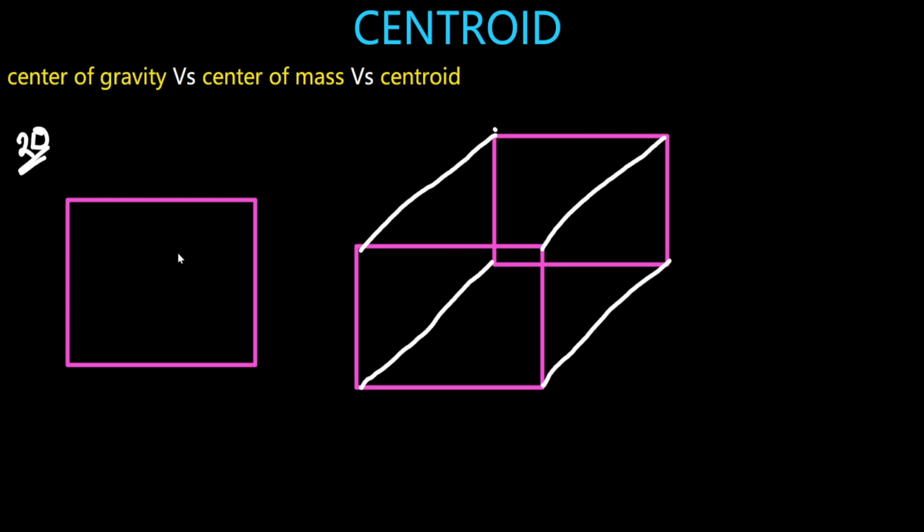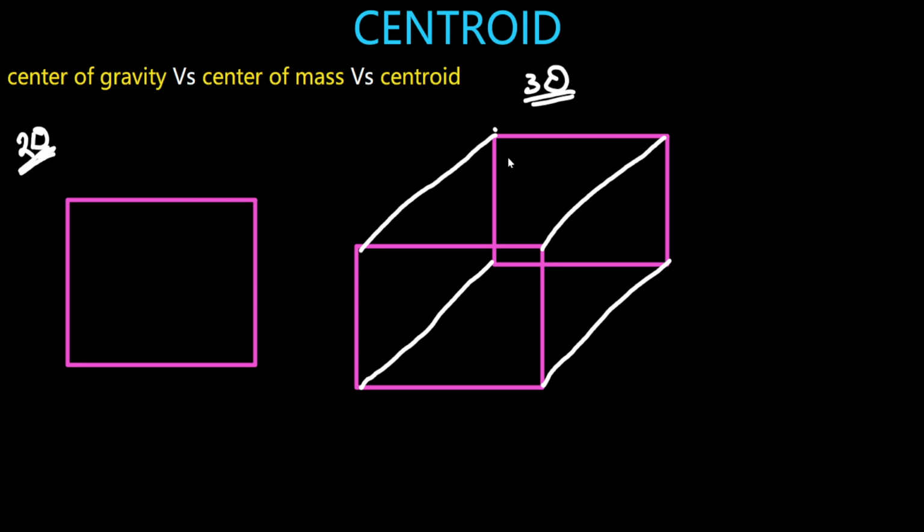The actual object is this, we are seeing the side view, so it is a 2D, that is a planar object. Okay, here is the 3D object. See what I'm saying, I want to discuss center of gravity, center of mass and centroid. See, this is an object.